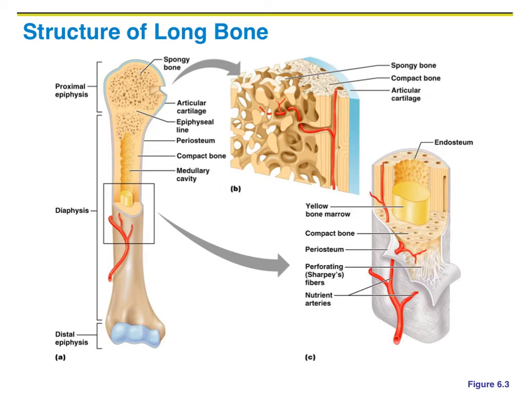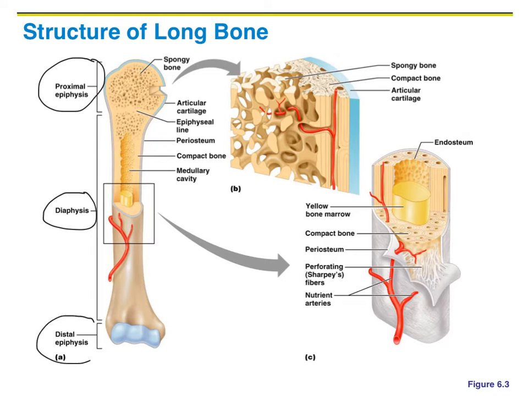This is the macroscopic view of the structure of long bone. The central portion, or the shaft, is the diaphysis. The ends are epiphyses. The proximal epiphysis would be closer to the body.